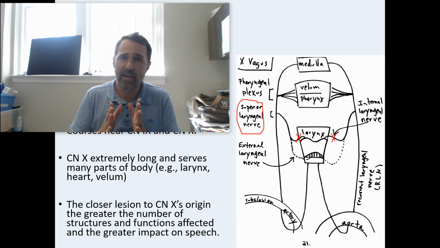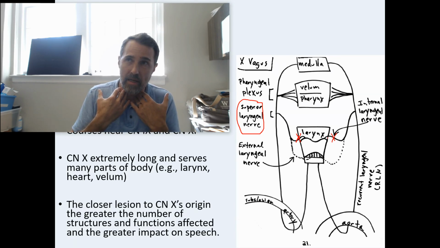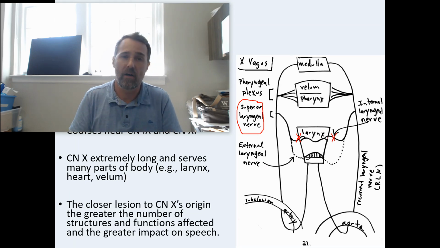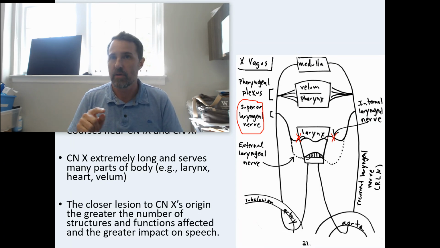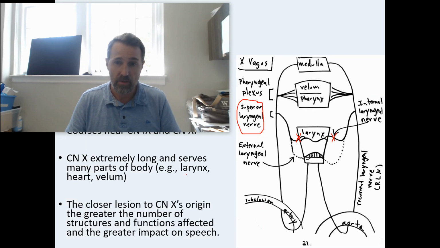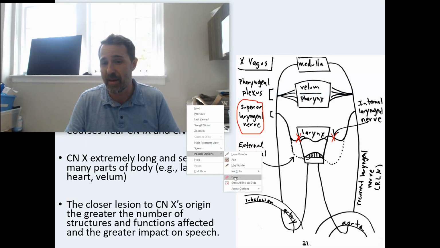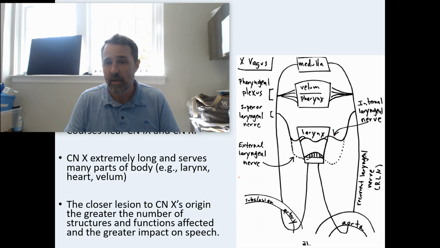Reduced sensation in the larynx can translate into a person not feeling aspiration or penetration and therefore not coughing it up. The word would be non-sensate aspiration, non-sensate penetration, meaning that they're aspirating and penetrating but not feeling it.